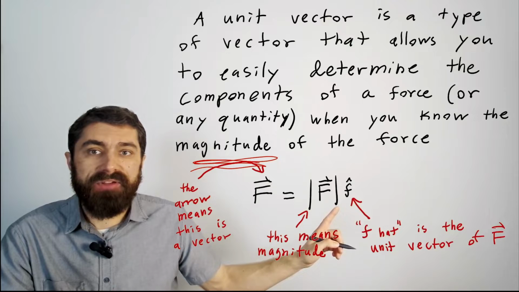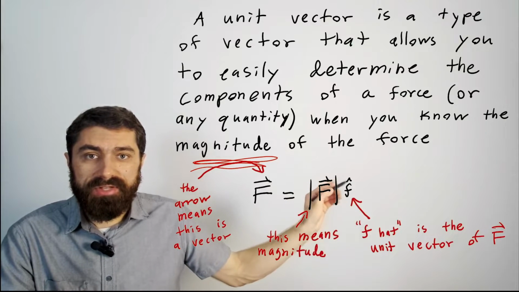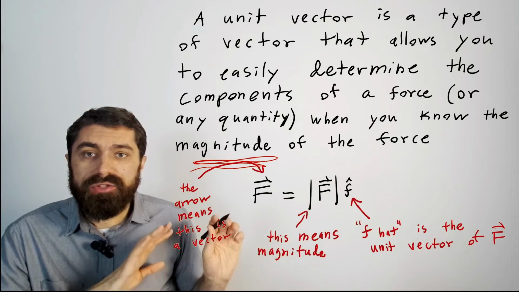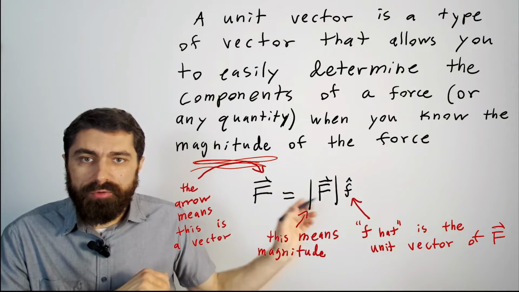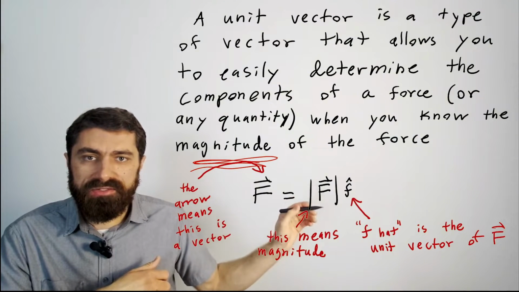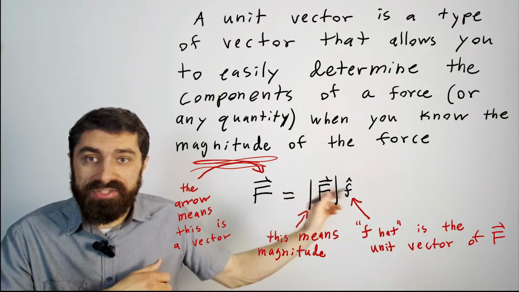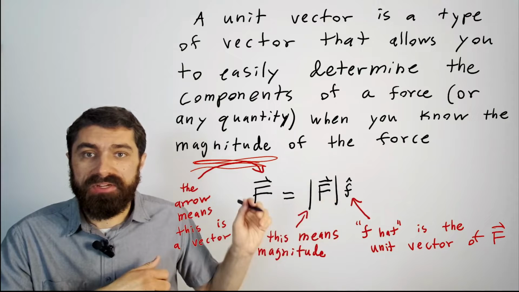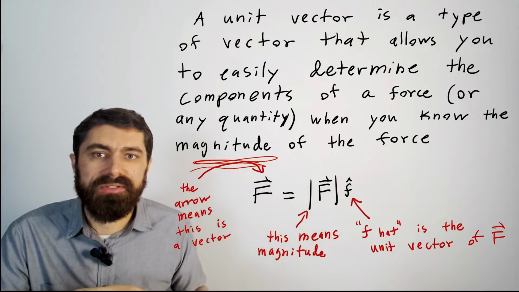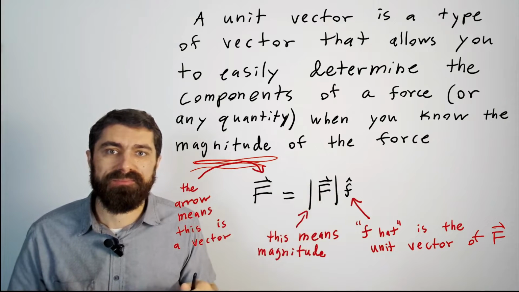We call it F hat. Basically, if you put a little hat there, it means that it is a unit vector. So what this is saying is that if you know the magnitude of the force, all you have to do is multiply the magnitude of that times its unit vector to figure out the full vector with all its different x, y, and z components.